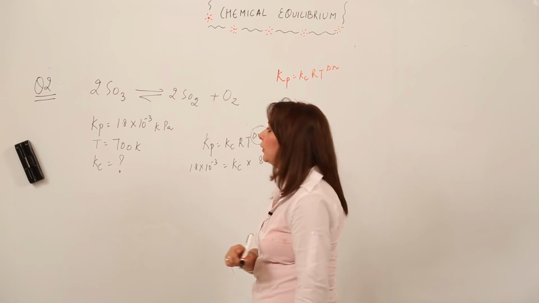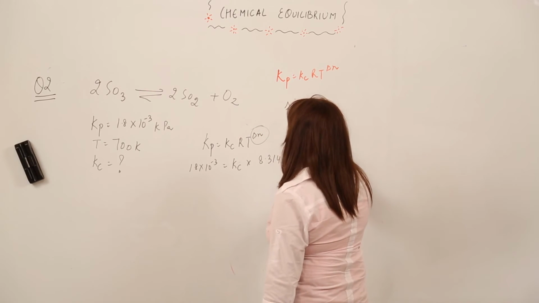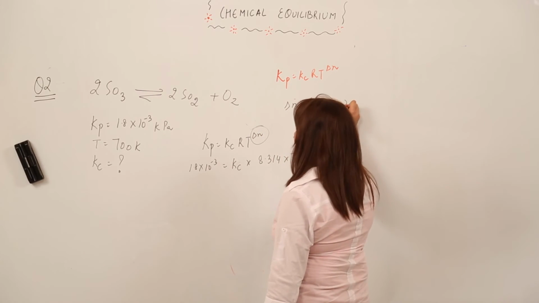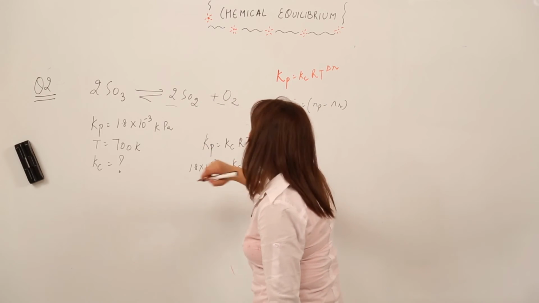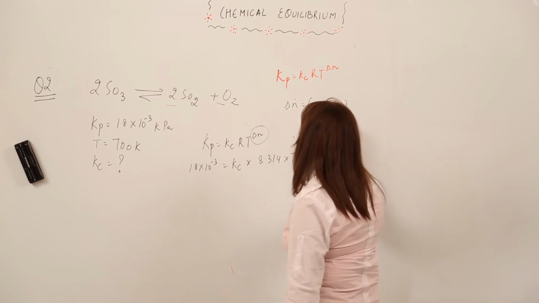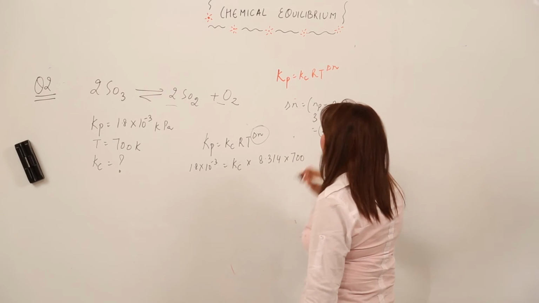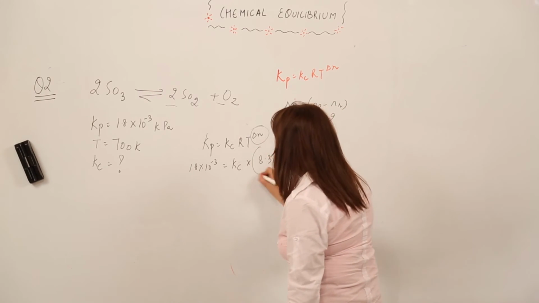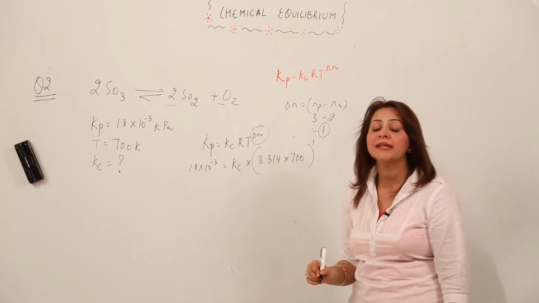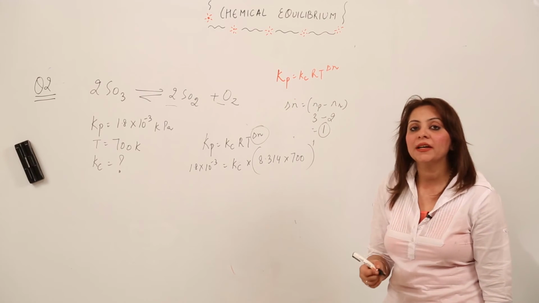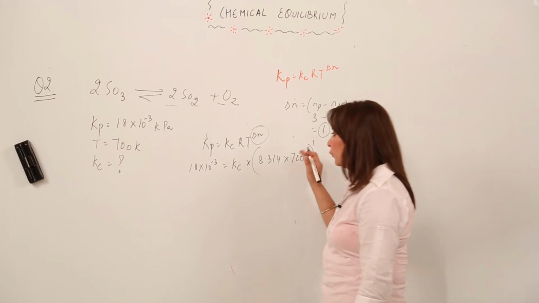I think you know how to calculate delta n now. It is moles of product minus moles of reactant. So that means 3 moles of product and 2 moles of reactant, so it comes out to be 1, right? And you know that whether we write the power 1 or not, it doesn't make a difference. So this is how we do it.